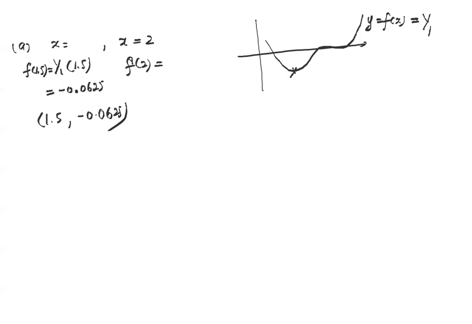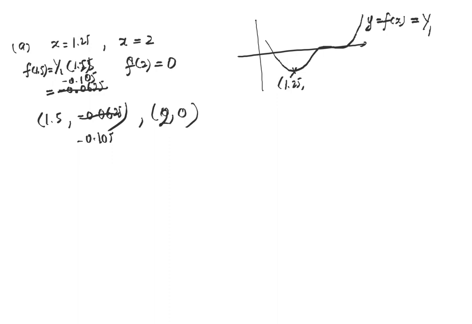Stationary point should be 1.25. 1.5 is the turning point. This is 1.25. Thank you. 1.25, please. Negative 0.1, 3 SF, please. Okay, this one is 0, correct? So you got 2 stationary points.